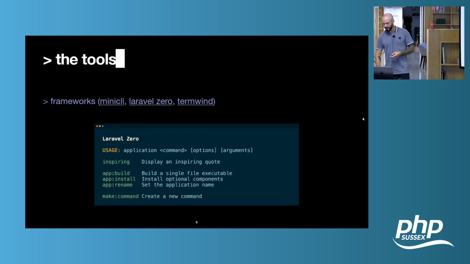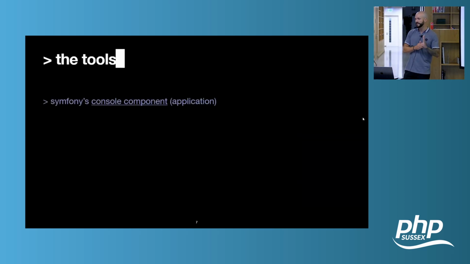The first tool we are going to use is Symfony's console component, and that's going to be to build the application. The console component is essentially a library which allows developers to interact with the console quite simply. It's quite popular, and it's used by some major frameworks, chiefly Symfony, but also Laravel.